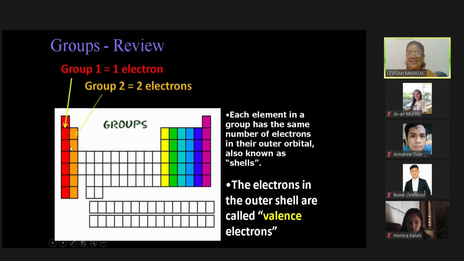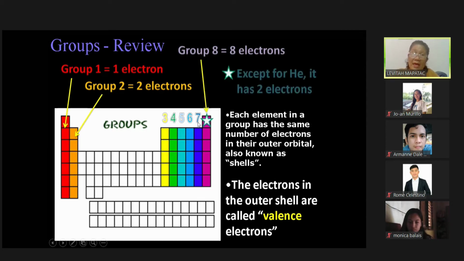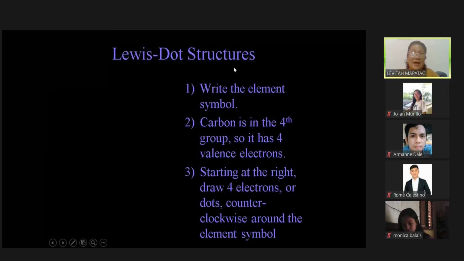So this is group 1, 1 electron. Group 2, 2 electrons. Then 3, 4, 5, 6, 7 electrons, and 8 electrons. So that is how easy it is to write the Lewis structure.